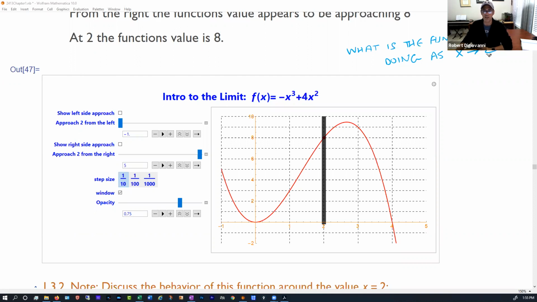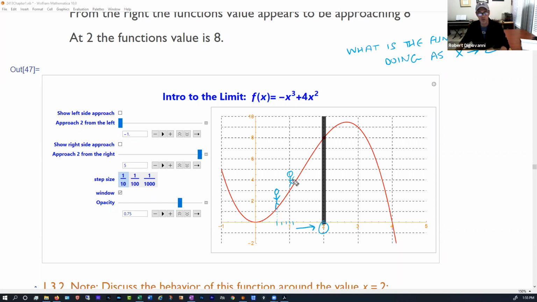What's happening as x gets close to 2? So if I'm standing on this graph right now, is this person close to the x value 2? So 2 is here, right? I'm at like 0.5 or 0.6. Am I close to 2? I could get closer, couldn't I? So if I start walking along this graph, now my x values are getting closer to 2.